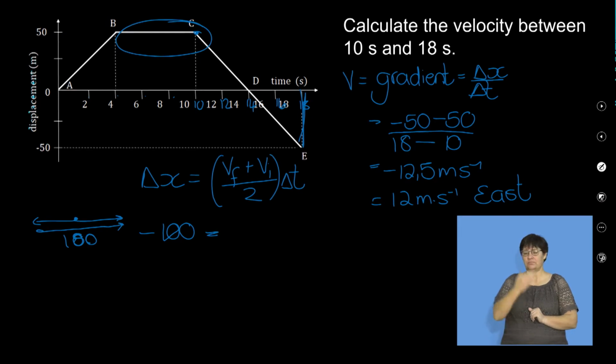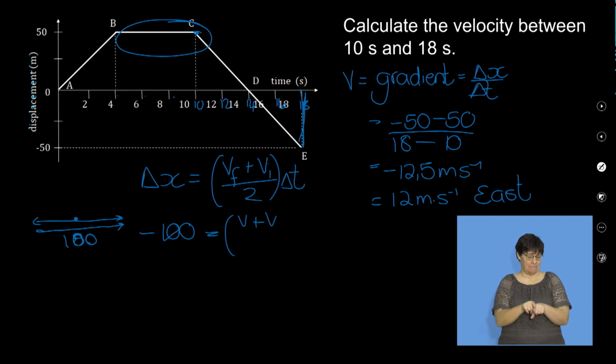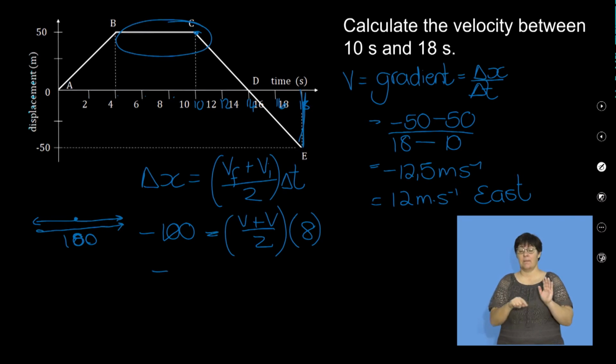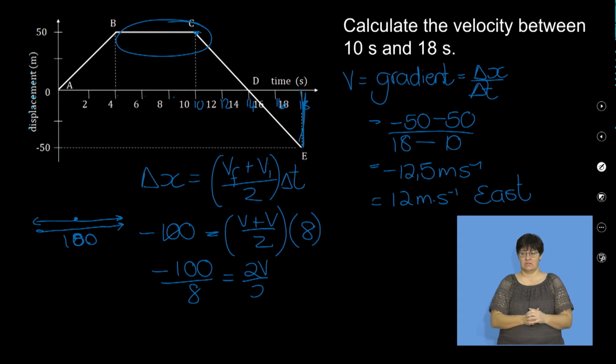We know that the velocities are the same. And the time, it's from 10 to 18 seconds. So that's 8. So we're going to have minus 100 divided by 8, 2v over 2. The 2's cancel.